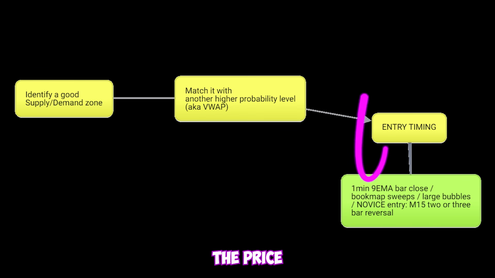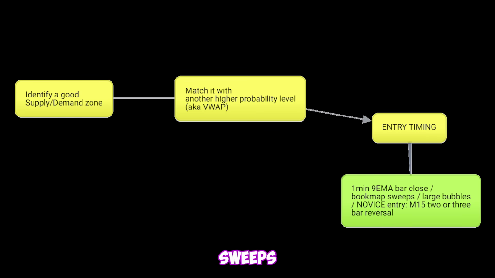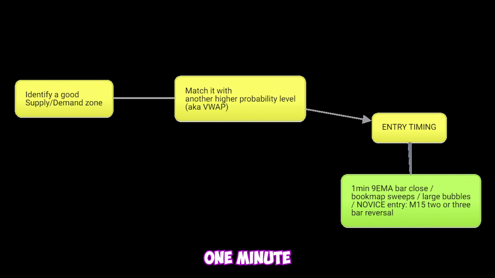And then finally, once the price arrives there, use a timing tool. Sweeps on Bookmap or even large bubbles on Bookmap. Alternatively, for top of book, use a 1 minute 9 EMA candle close below as a trigger entry.